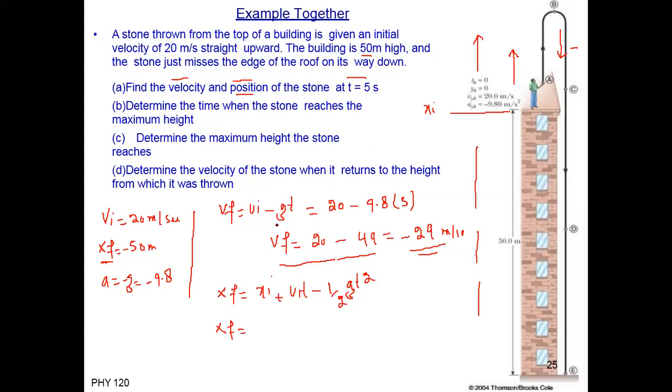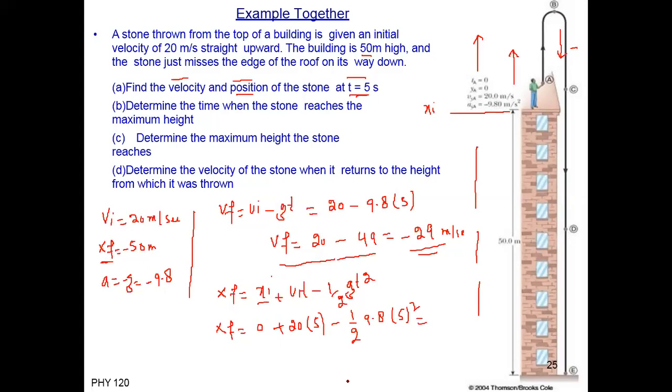Now we are computing the position after 5 seconds. The initial position xi is 0, plus Vi is 20 times time 5, minus half of 9.8 and time 5 squared.